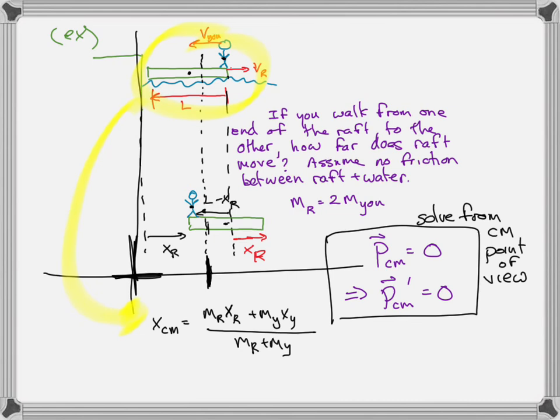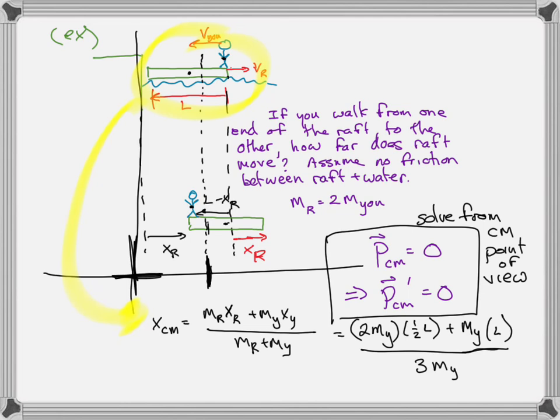The mass of the raft is twice your mass, so I'm just going to write 2 mu. The position of the raft is 1/2 L from the dock, and your mass, mu, your position from the dock is a full L. And then we add together 2 mu plus mu, so that's 3 mu.